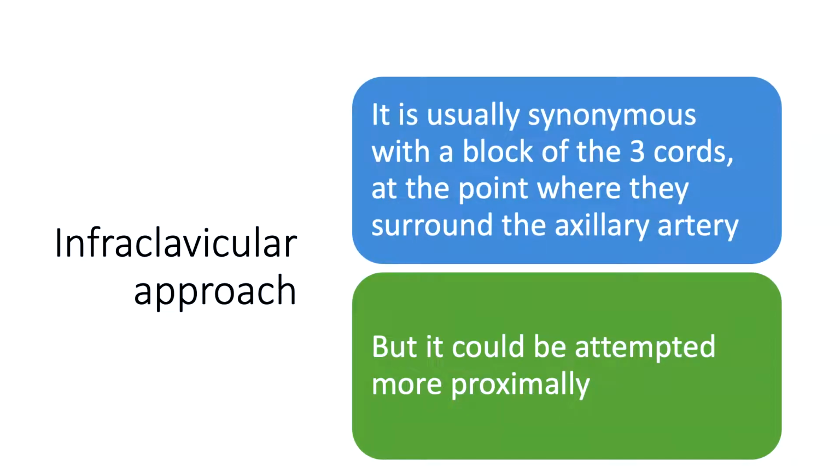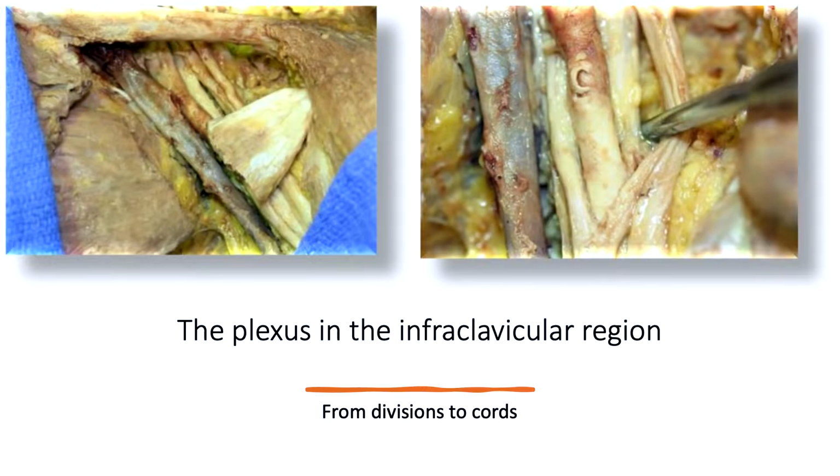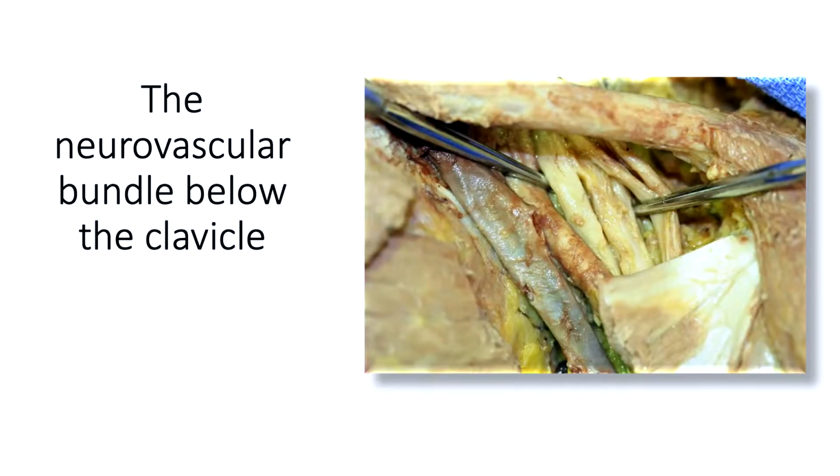But a true infraclavicular exists at this point, and usually we think of infraclavicular as a block of the cords. The cords are surrounding the axillary artery, lateral, medial, and posterior, and that's what we want to block. But again, a little bit of anatomy. If you look at the plexus as it arrives at the infraclavicular level, vein, artery.